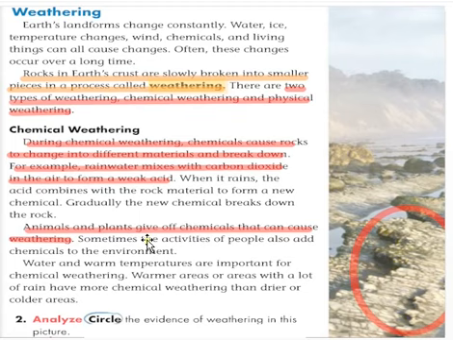Another, animals and plants give off chemicals that can cause weathering. Sometimes the activities of people also add chemicals to the environment, especially those doing mining, the companies or businesses that mine gold, other minerals, silver and diamonds.